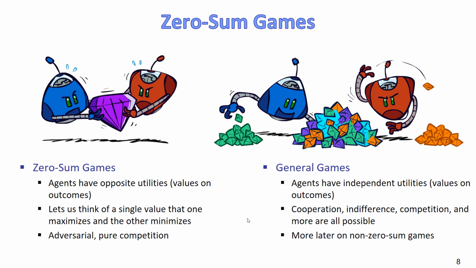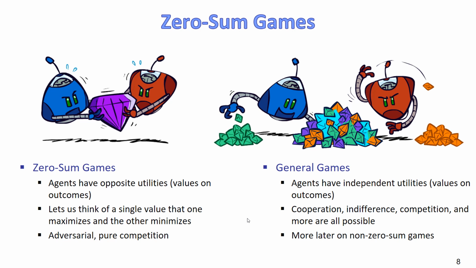So this is just to contrast again the zero-sum games versus the general games. In zero-sum games, agents have opposite utilities, so opposite in values of the outcomes of the game, and that's why we would just keep one value if we assume that we have two players. Just keeping track of one value will be enough, because the other one would be the negative of it.